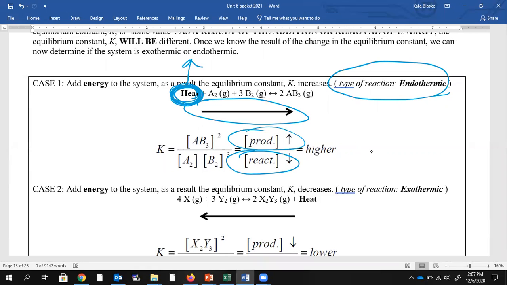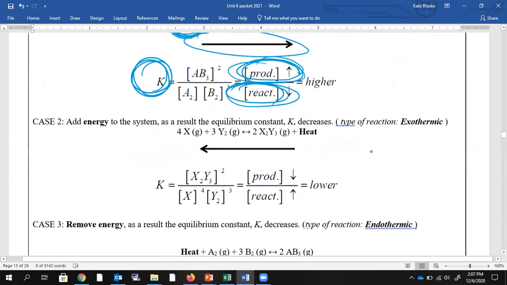Now, heat changes are going to change my K value. So not only am I going to shift towards the products and make more products, but I also am going to make my K value larger, because I now have more products and less reactants than my original equilibrium. If I have an exothermic reaction, this means heat is a product, and if I increase the amount of energy in that system, I increase the temperature, I'm increasing a product now.